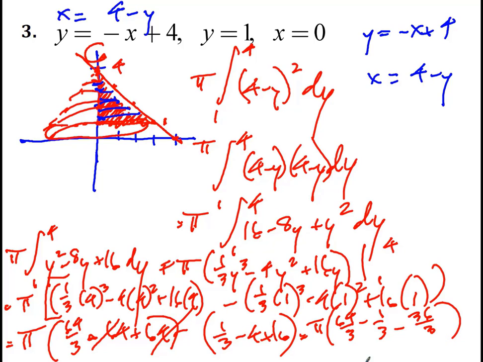And that's just distributing that negative. And so 63 minus 36 would be 27 over 3 pi, which is 9 pi. Nice. And that'll do us.